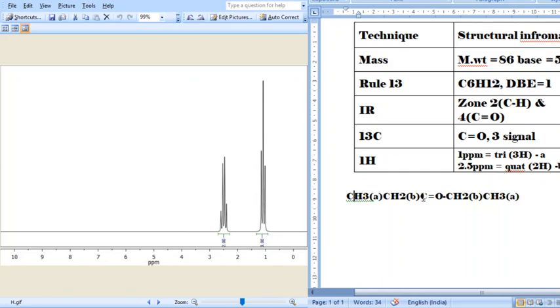It is coming to only 56 or 57, but the molecular weight is 86. But there is no other information.